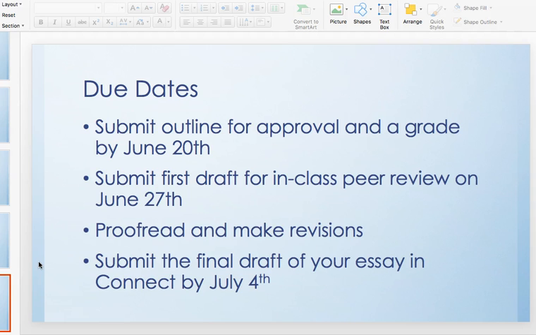Now, a quick review on the guidelines for your short essay. Remember that I'm looking for a double-spaced paper, 1.5 to 2 pages, in a neutral font, such as Times New Roman, size 12, and of course with APA in-text citations and a references page.